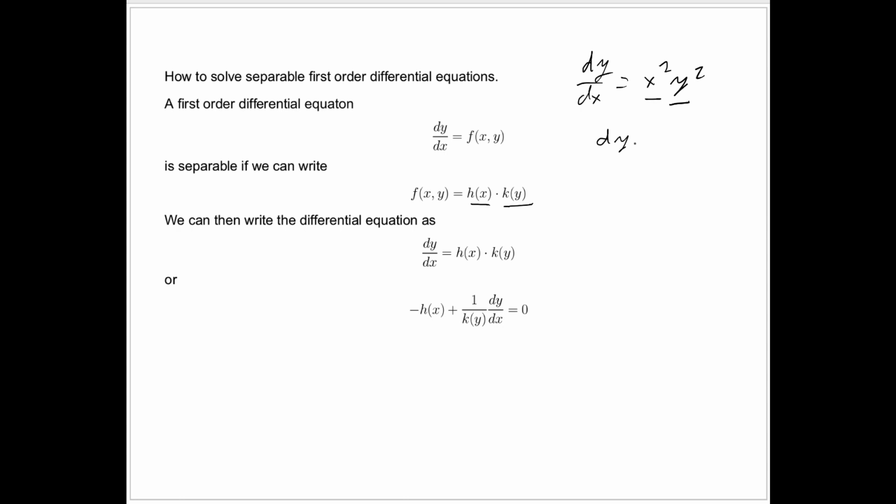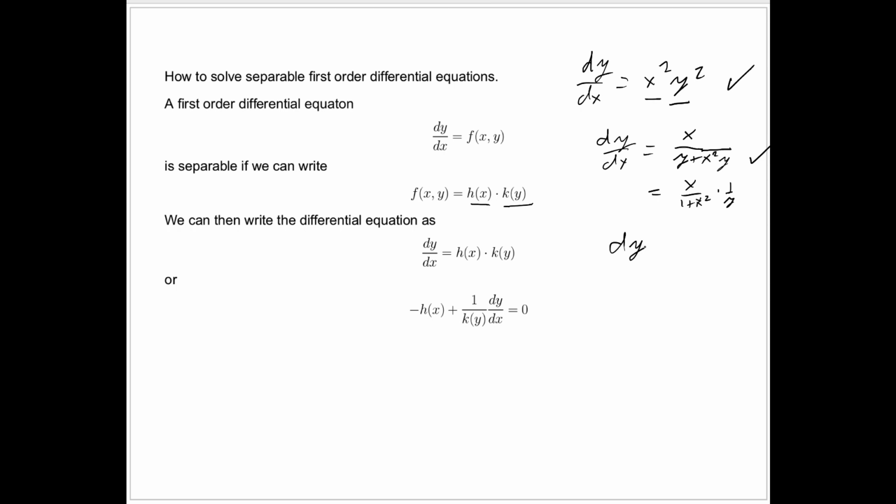If we write dy/dx equals, for example, x over y plus x squared y, with just a tiny bit of algebra we can write this as x over 1 plus x squared times 1 over y, and recognize this as a separable equation. So these are both separable differential equations.